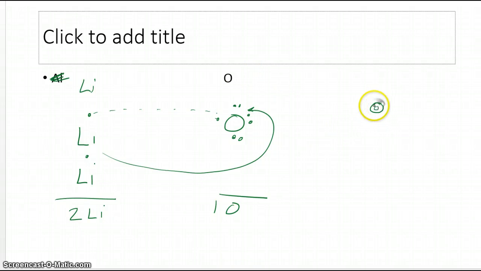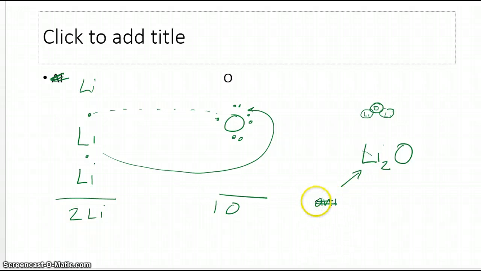Here is my oxygen, and here is my lithium, all bonded together. We call this lithium 2 oxide. We always write the cation first, and then the anion.